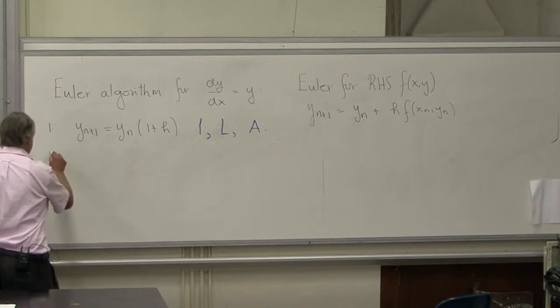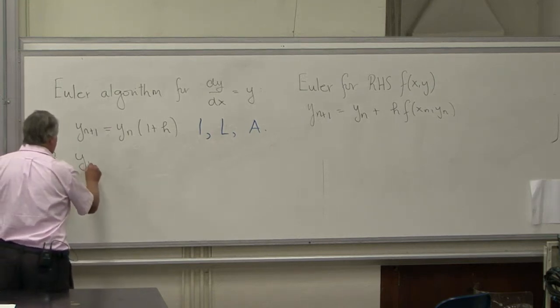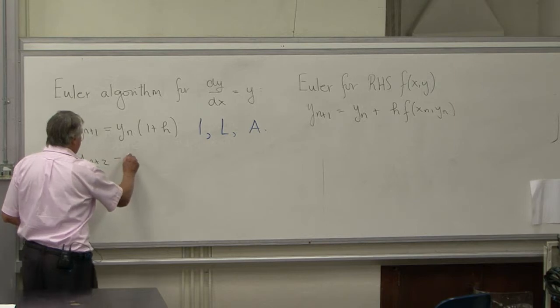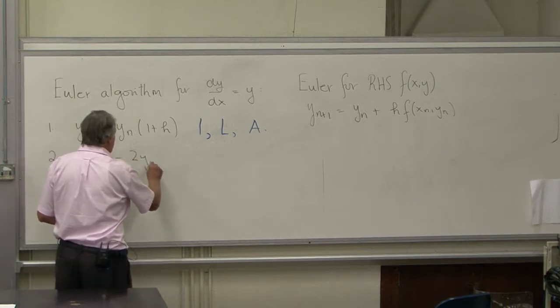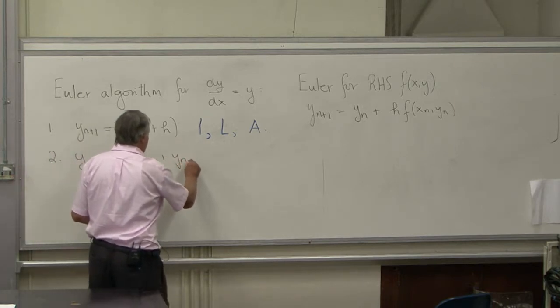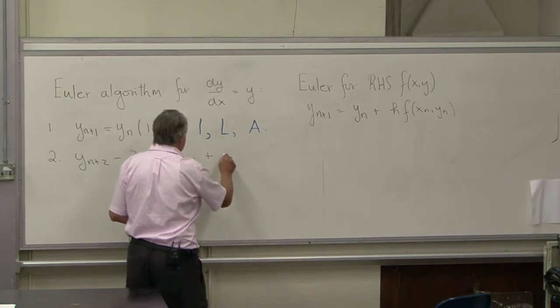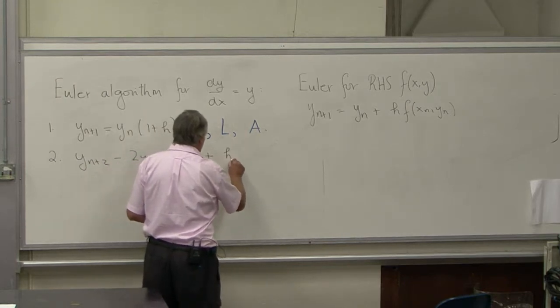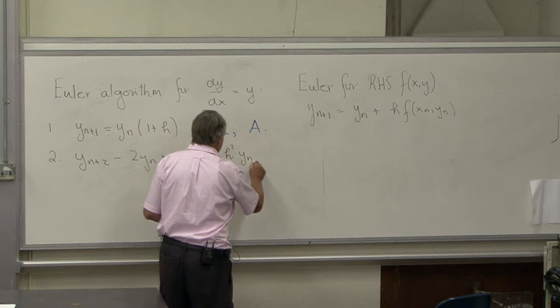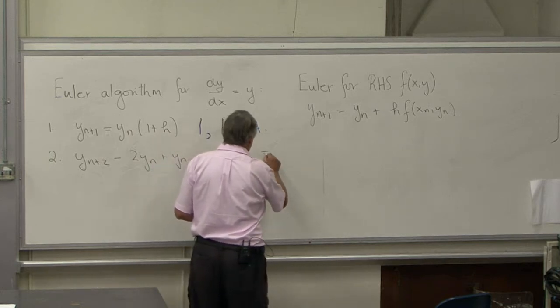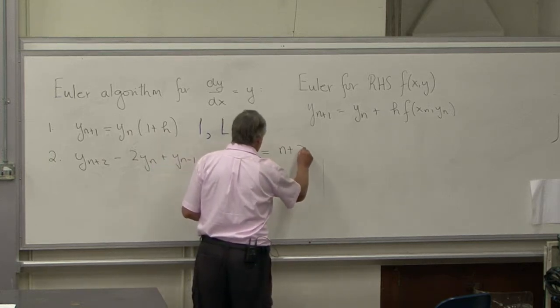How about this equation? yn plus 1 minus 2yn plus yn minus 1 plus h squared yn equals n plus 3.